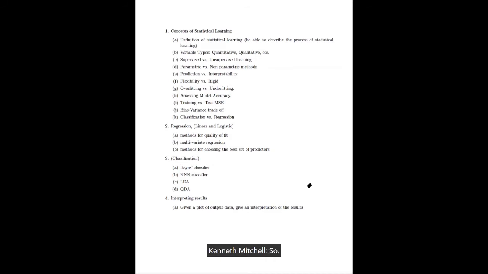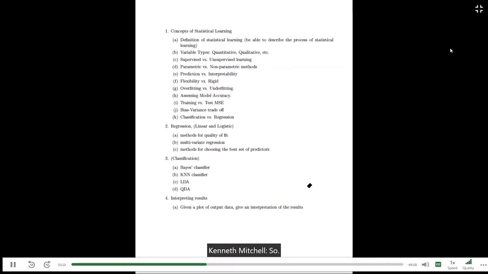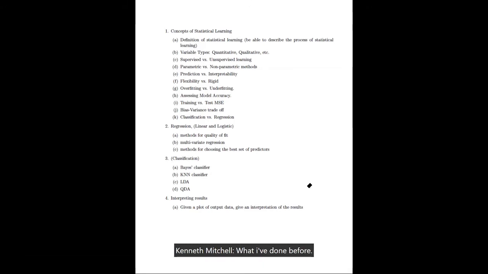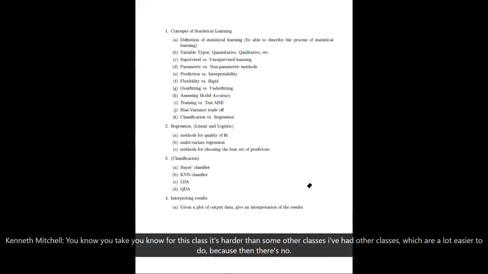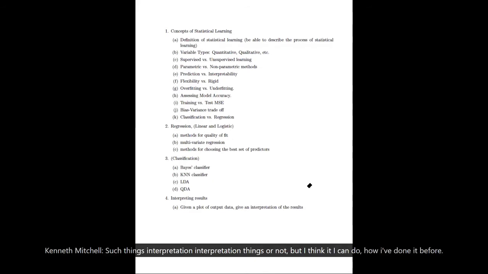So what I've done before, which actually does that, is that for this class, it's harder than some other classes. I've had other classes which are a lot easier to do, because there's not such things as interpreting things or not.